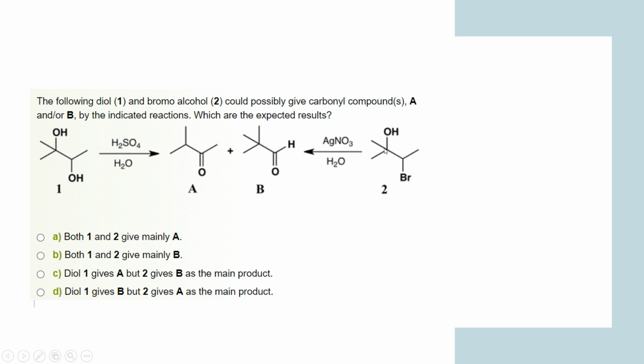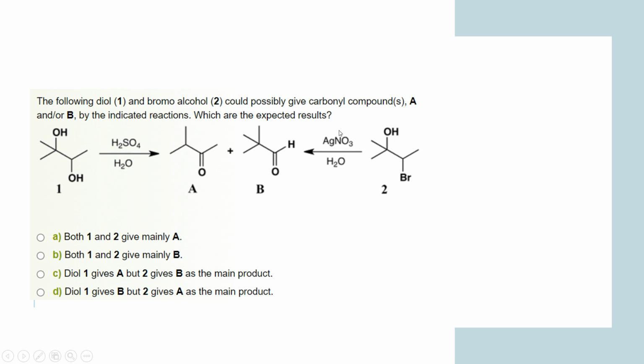So you are going to get again option A, I mean product A, as the main product of this reaction. It's just written in a reversed way, but ultimately reaction 2 is also going to give you A as the product.